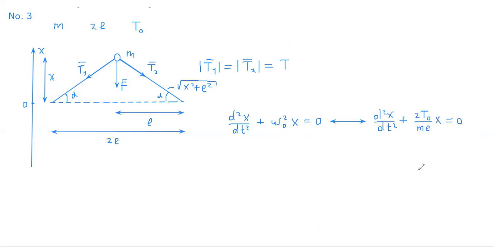And from here we can make a conclusion that this is equal to the natural angular frequency. So from here we have that omega 0 is equal to the square root of 2T0 divided by ml.